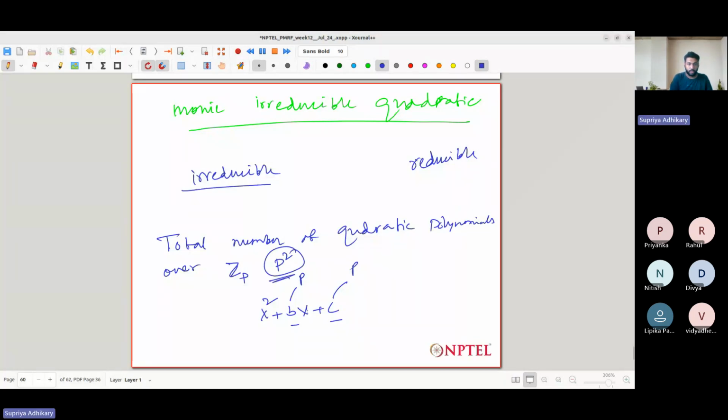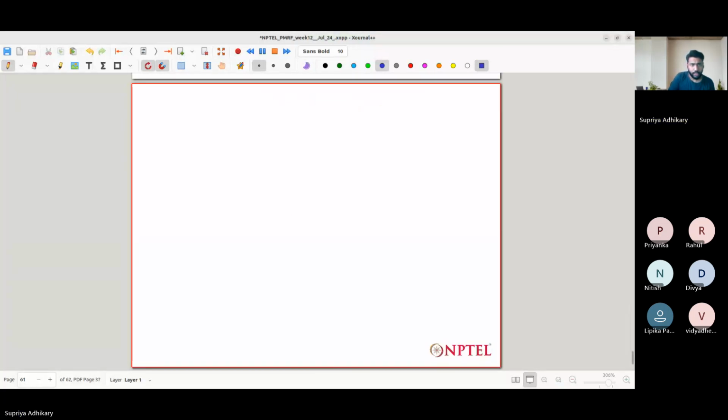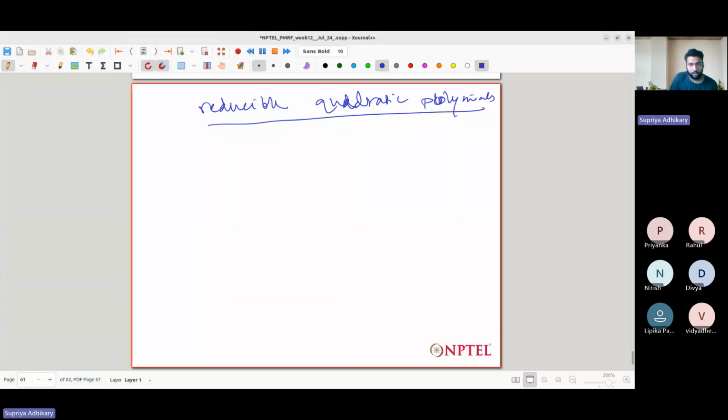Now, some polynomials are reducible. So we will find the number of reducible polynomials, and then we will subtract that number from p square, and we will get this number. Now, reducible quadratic polynomials. A quadratic polynomial is reducible.